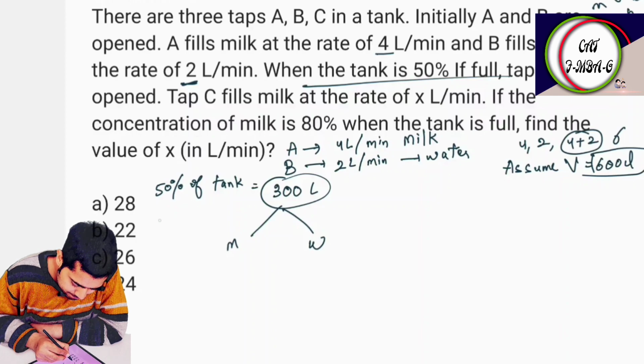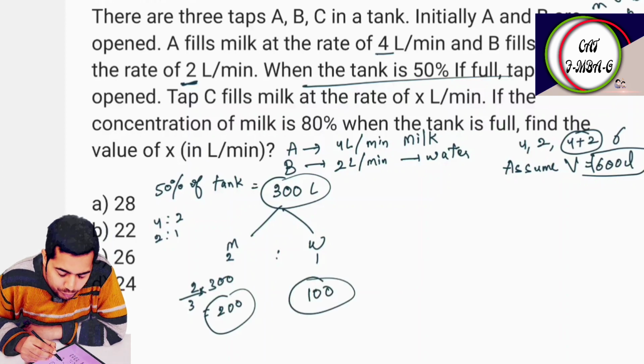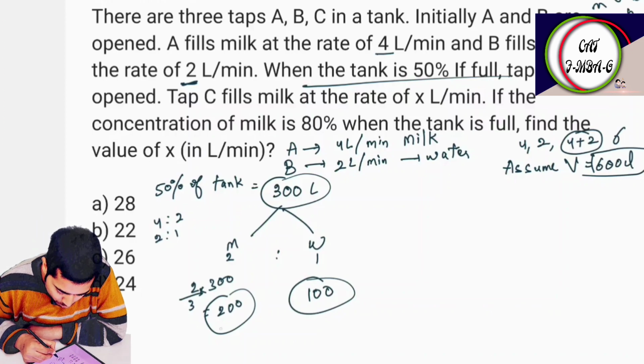Rate of milk is 4. Rate of water is 2. So 2 is to 1. So 2 by 3 into 300 is equal to 200. Rest is remaining 100. So when the tank is 300 liters full, till now A would have filled 200 liters of milk. B would have filled 100 liters of water.